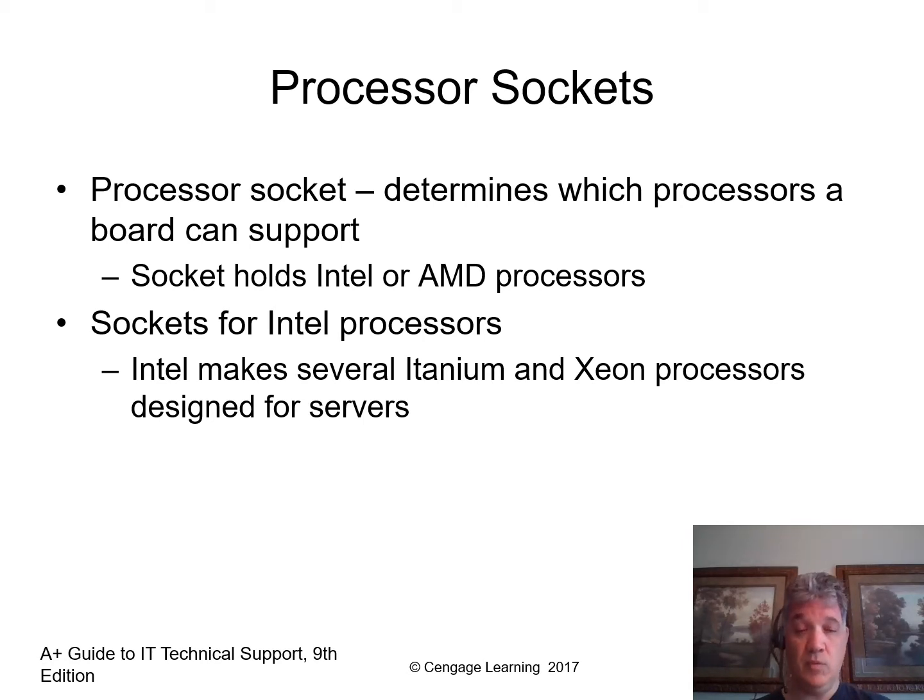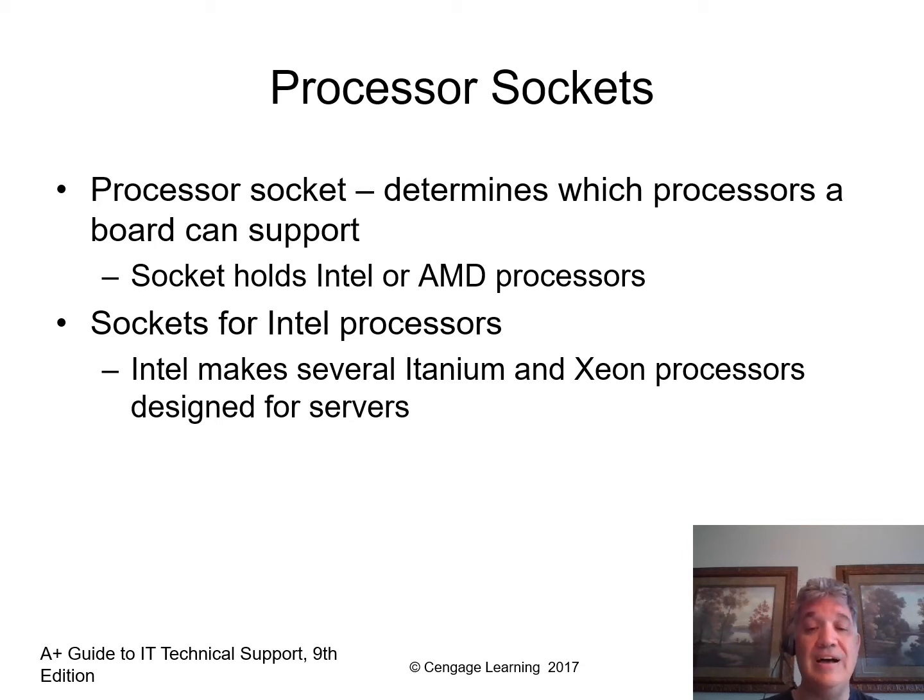Those are older. We're not going to discuss those here. But for a modern PC with a PGA pin grid array construction, that socket and that CPU should go together effortlessly and be held in place with some sort of spring-loaded square frame that fits on top of it. We'll see some examples of that here in just a few minutes.